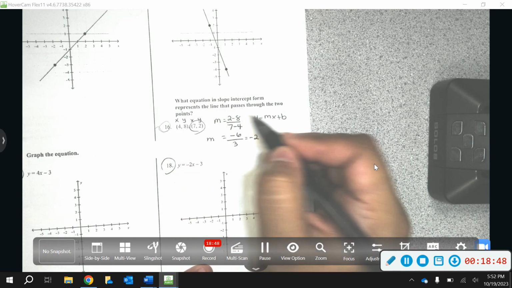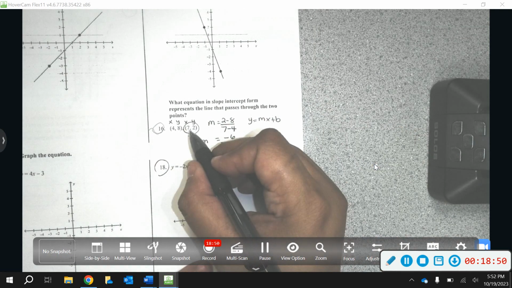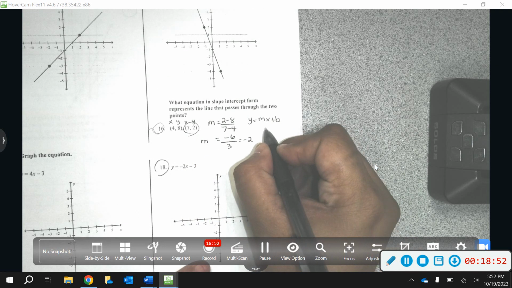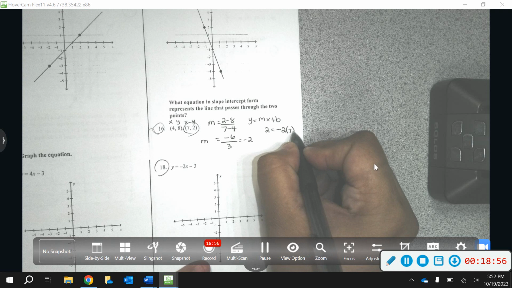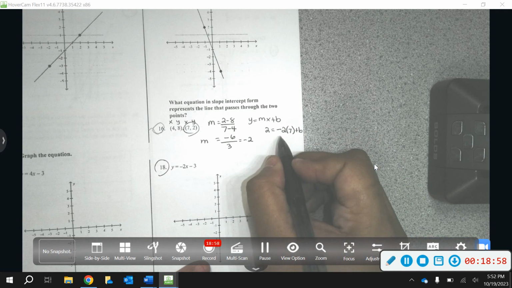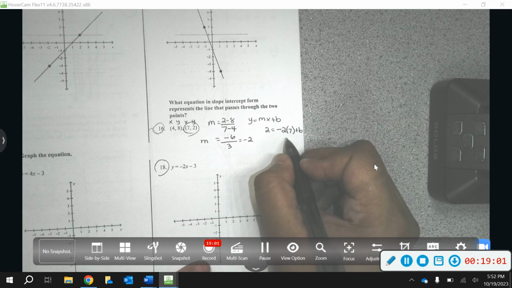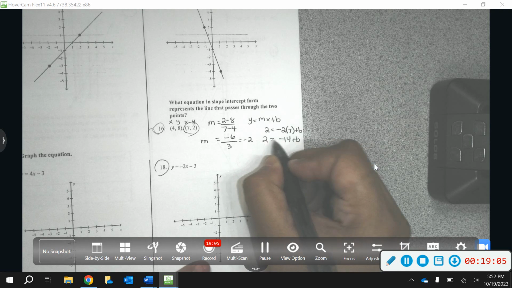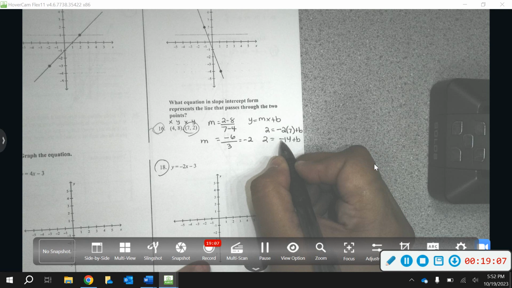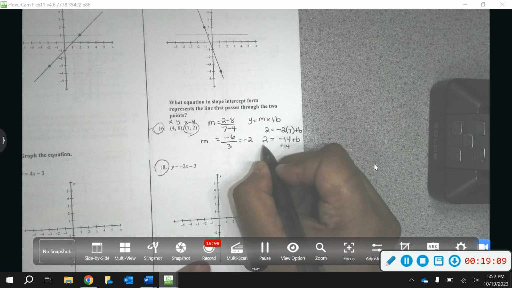Now I'm just going to pick a point. Let's go ahead and pick this one, for my x and y. My y is 2, my slope is negative 2, my x is 7, and add b. What's negative 2 times 7? Negative 14. All I have to do is solve for b. To get b by itself, I need to add 14 to both sides.